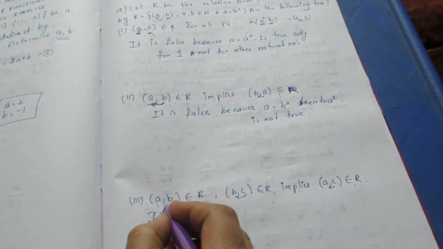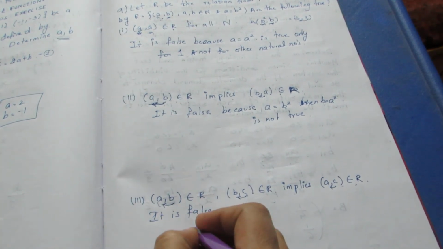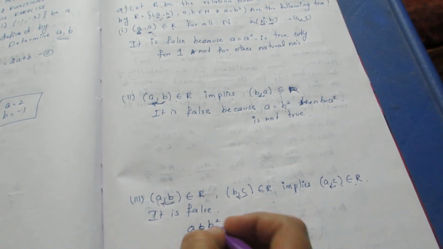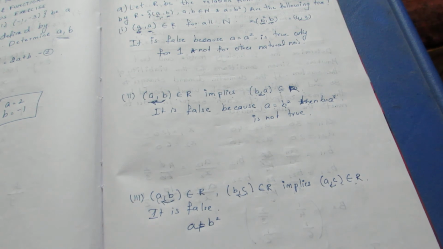But here a is not equal to b square, so in this case it is wrong.